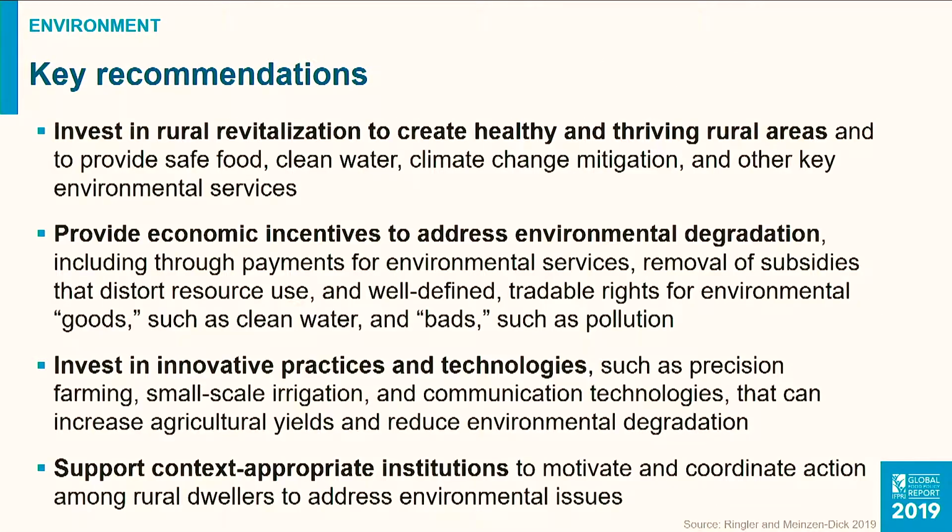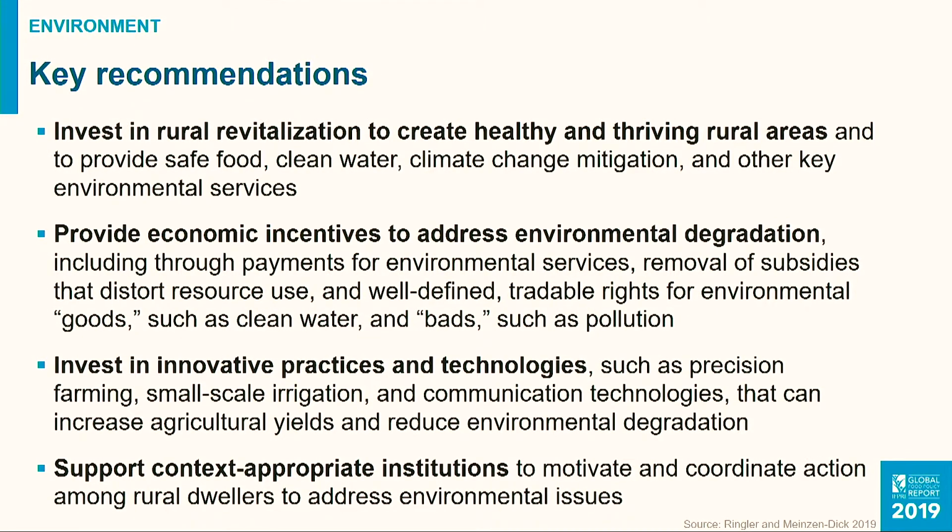What do I mean by this? Well, if rural people do not have property rights to those resources, then they can't make that investment, or they don't have the incentive to make the investment. They need to be able to work together to address a lot of these big problems.